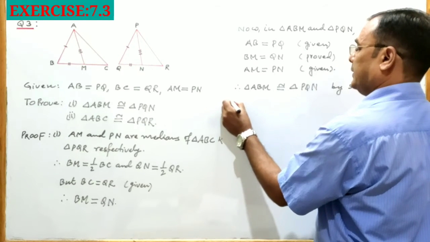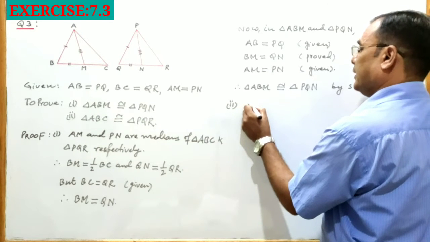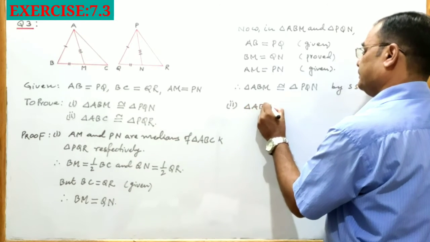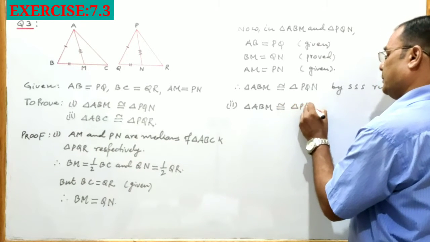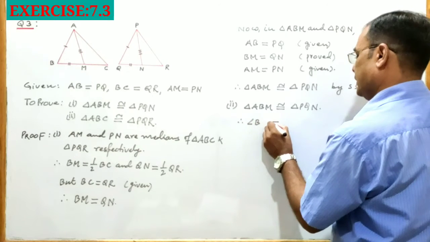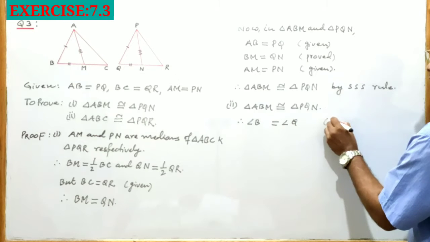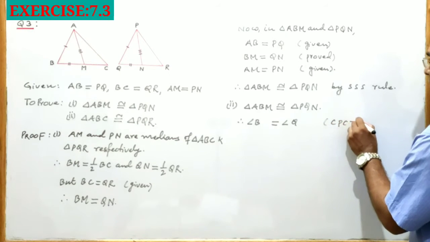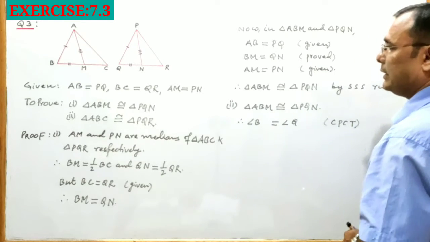Now second part. Triangle ABM is proved congruent to triangle PQN. Therefore, angle B is equal to angle Q, and this is by CPCT, because they are corresponding parts of congruent triangles.